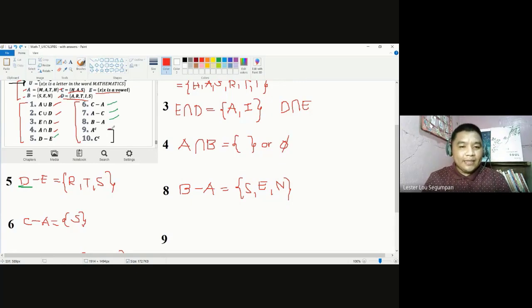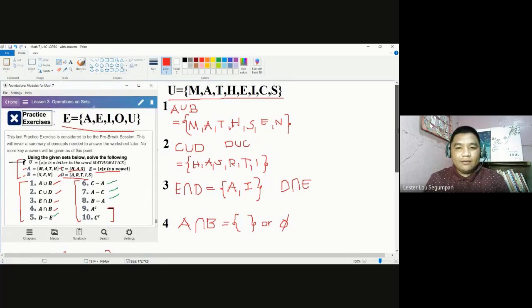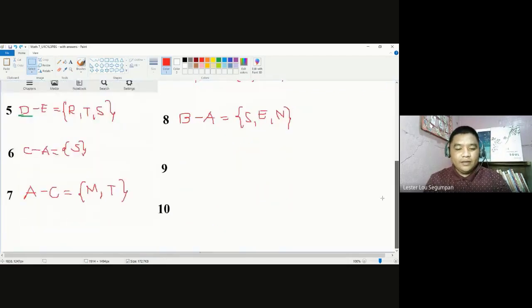Number 9 and number 10 are under the operation of set complement, or the complement of a set. This is where our universal set is very much needed. So let me copy this and bring this universal set here. Why?